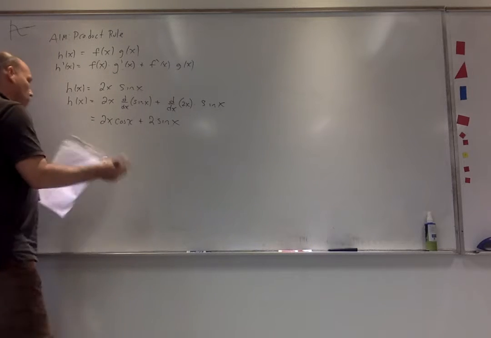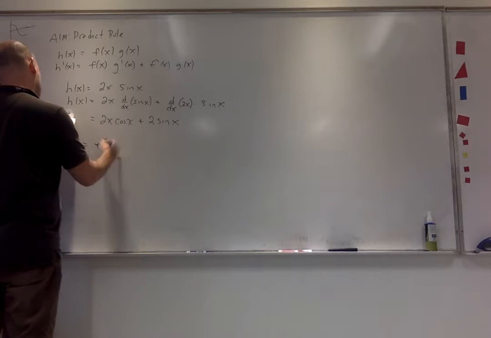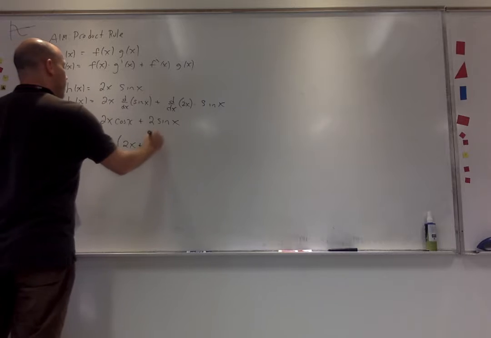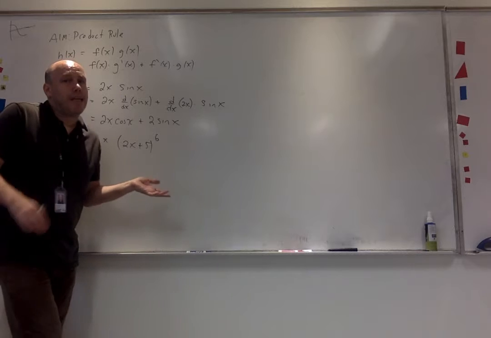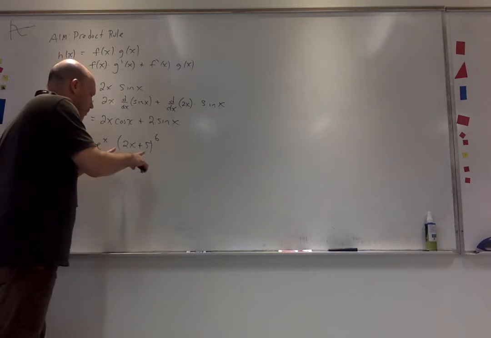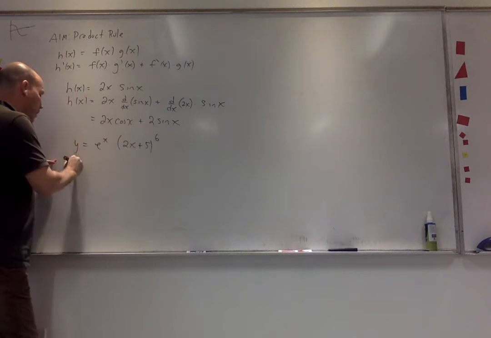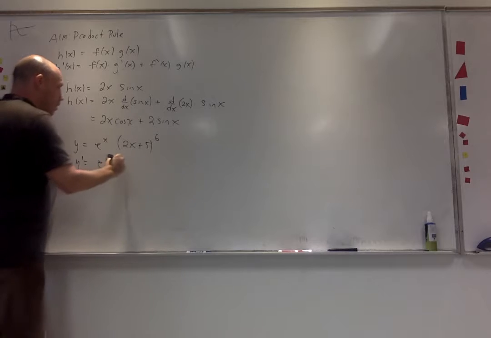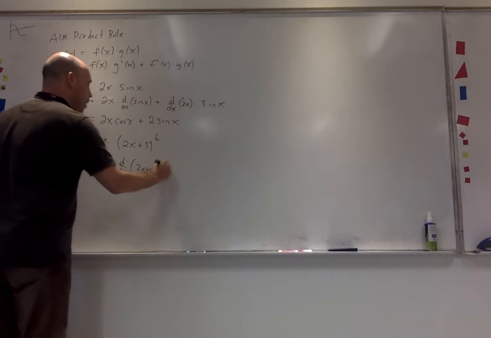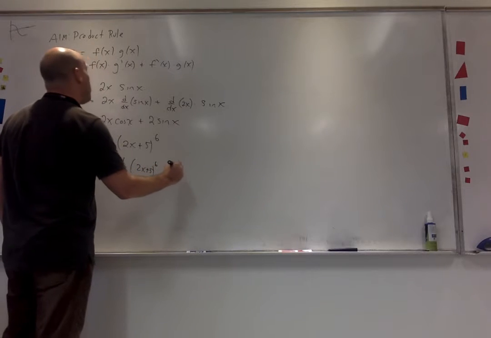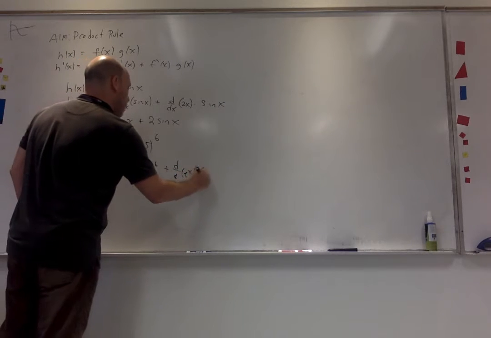Next problem. How about y equals e to the x times (2x plus 5) to the 6th power. It's a function. Look it up in Desmos and see what it looks like. It probably goes way up really fast, but it's still a possible function. So the derivative is keep the first, the derivative of the second, plus the derivative of the first, keep the second.